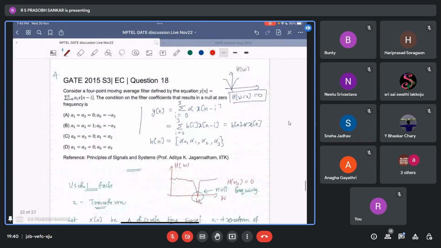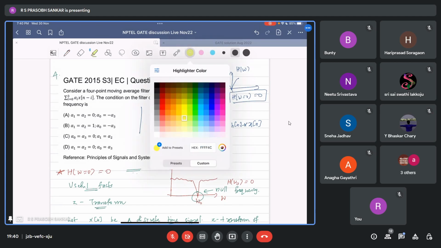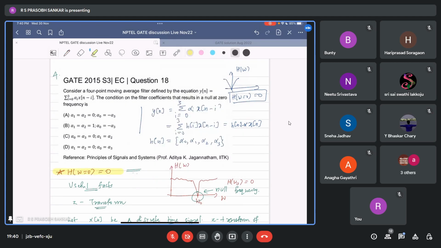So in a different way we can write like this. We have H of omega equal to 0, and we need to find the coefficient values alpha 0, alpha 1, alpha 2, alpha 3 so that this will be satisfied. So question is clear, no? Any doubt? Shall we proceed?